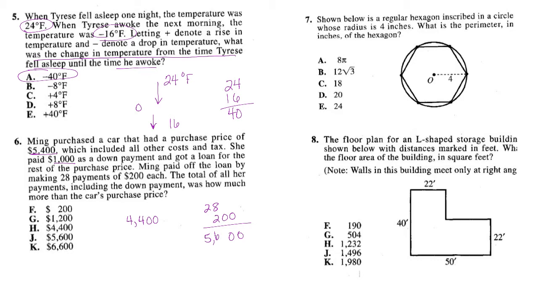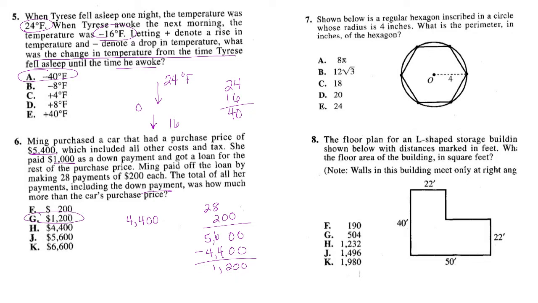The total of her payments, including the down payment, was how much more than the actual car's purchase price? So notice here, if we subtract, and we're just going to subtract here the $4,400. So notice that she's paid $1,200 more for the vehicle. So that's answer choice G.